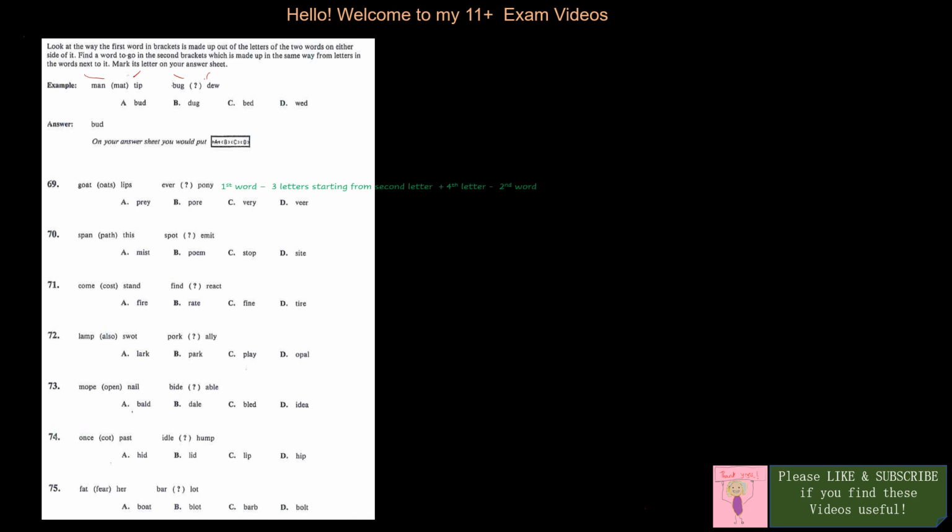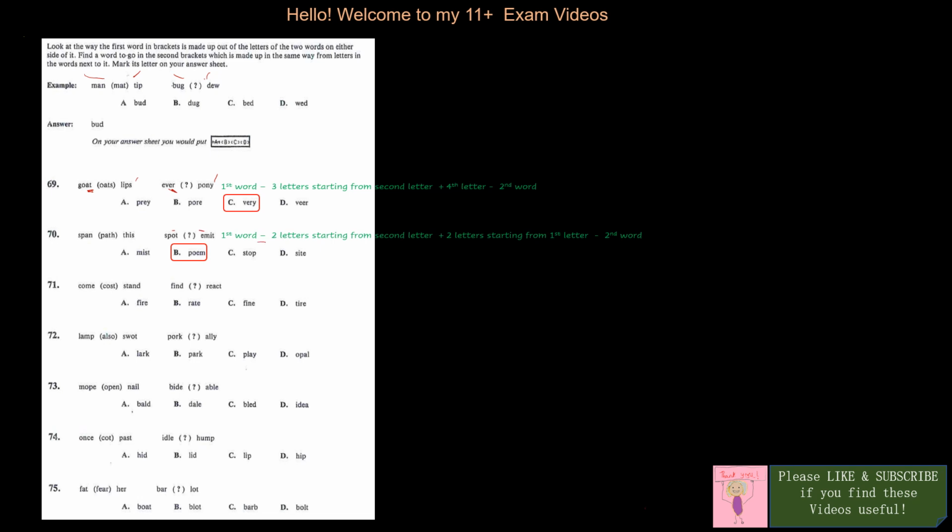So goat, oats, lips. What is the word? My word is very. VER, and then YOATS. Okay, that's how we're doing it. Next one. Okay, span, path, this, spot, emit. Then it should be poem. POEM.